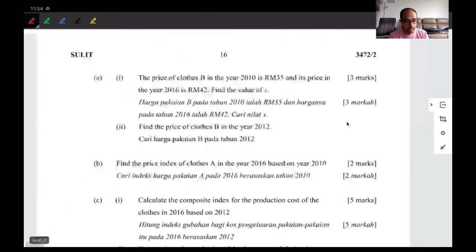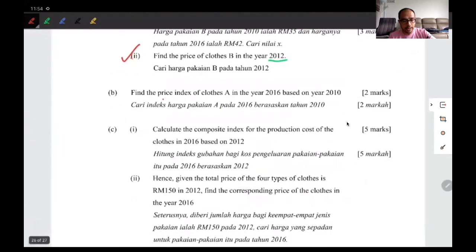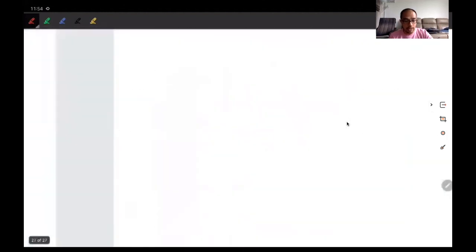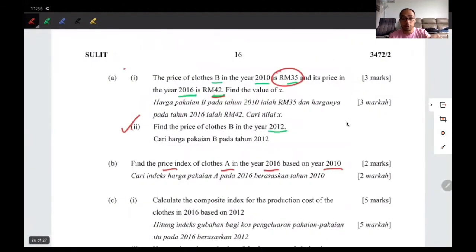Okay. All right, find the price index of clothes A in the year 2016 based on 2010. Okay, so you have A, which is 105 and 107 on different years. So I want 2016 based on 2010.